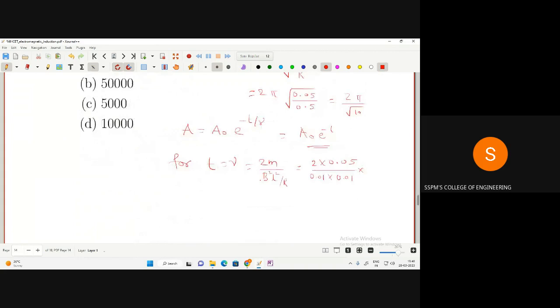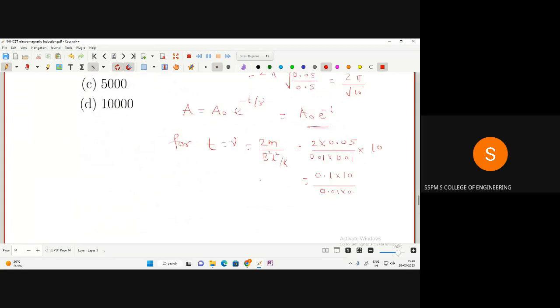This will be 0.1 into 10 divided by 0.01 into 0.01. After solving, 0.1 into 10 is 1. 0.01 into 0.01, you may write as 1 into 10 to the power minus 2 into 1 into 10 to the power minus 2.